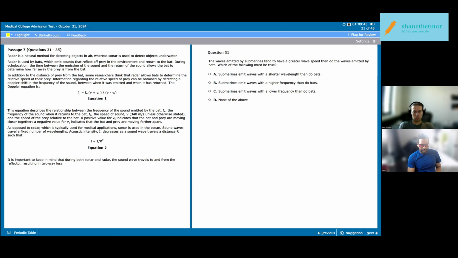If they're not moving, then you won't get a Doppler shift. And then they talk about the intensity later and how that's inversely proportional to the square of the distance r.